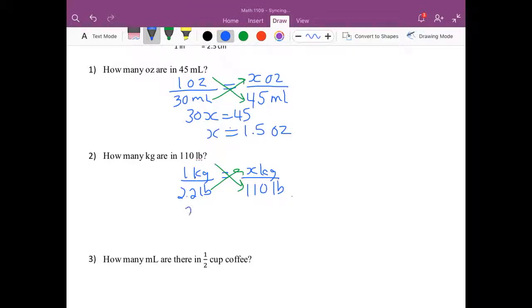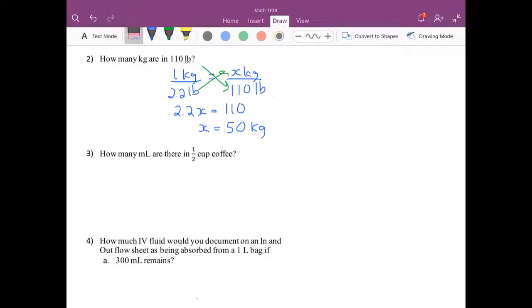And I get 2.2x equals 110. And then I need to do 110 divided by 2.2. I get 50. So there's 50 kilograms in 110 pounds.